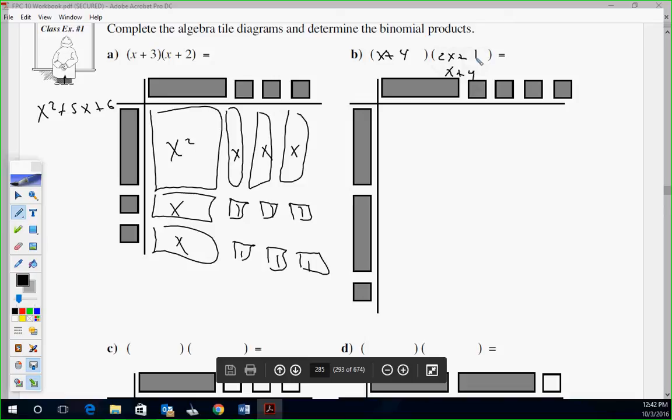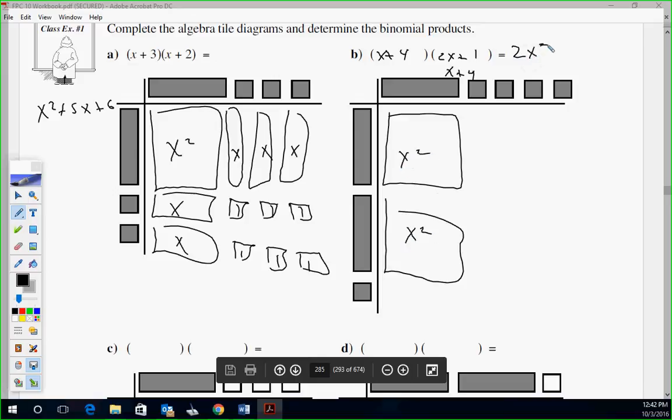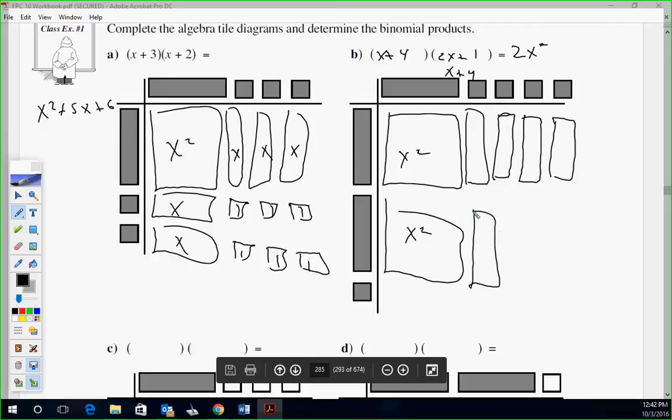So what that gives us is 2x squareds. Then we have x. We have a lot of x's this time. Told you it's going to be quick, so my x's are sloppy. Then we have another x here.